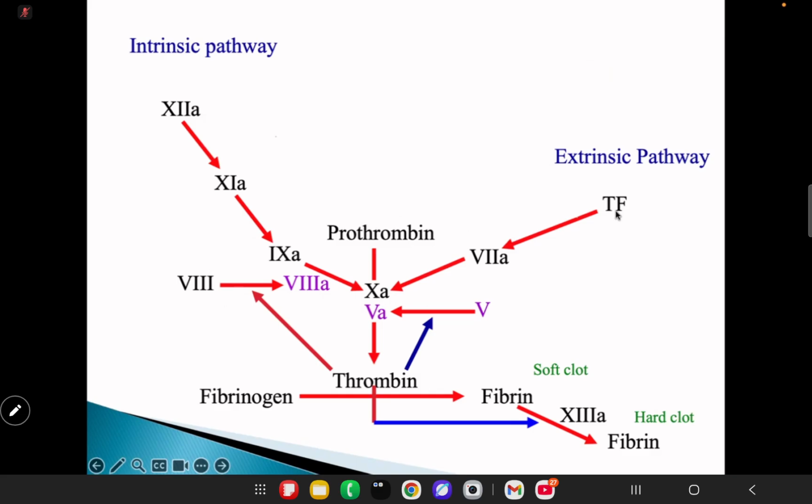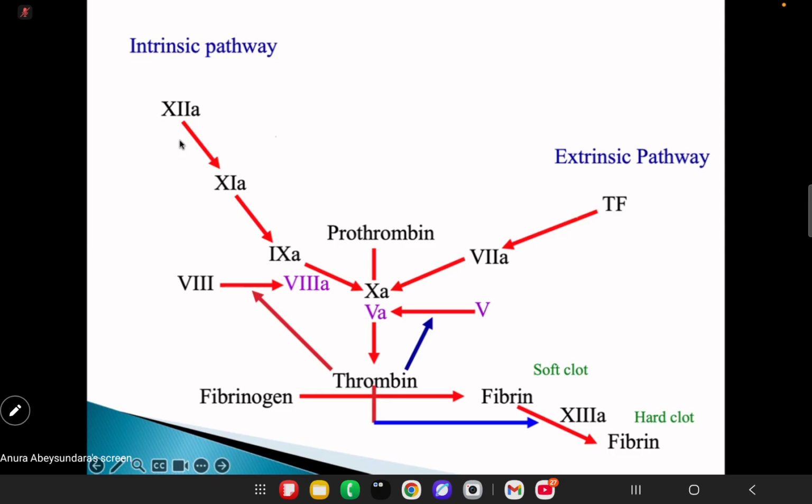And the other thing is that this pathway is measured by the INR, and this pathway is measured by the APTT. INR is in relation to the extrinsic pathway and the common pathway.